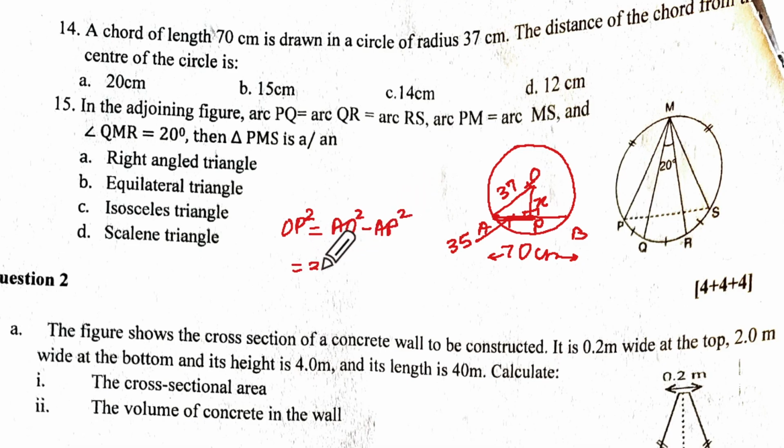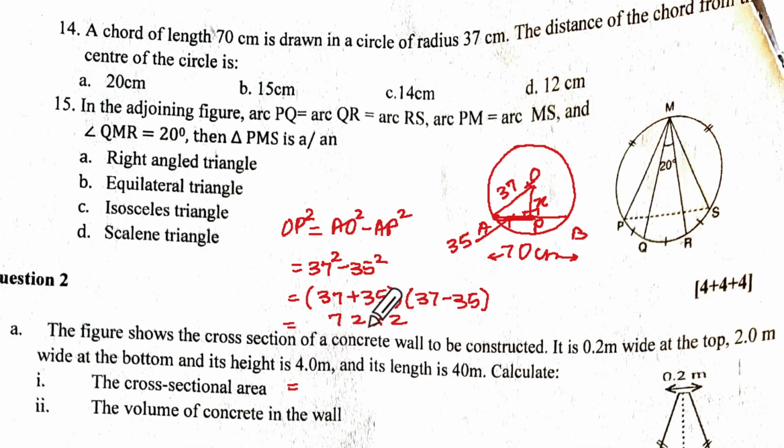So that will be 37 square minus 35 square. Purposely they gave you odd numbers like this, but make it like (a plus b)(a minus b). If you add 37 and 35, you get 72, multiplied by 2, which gives 144.